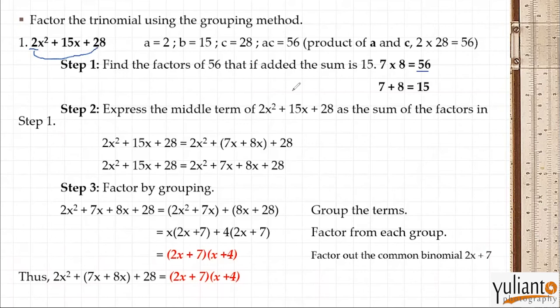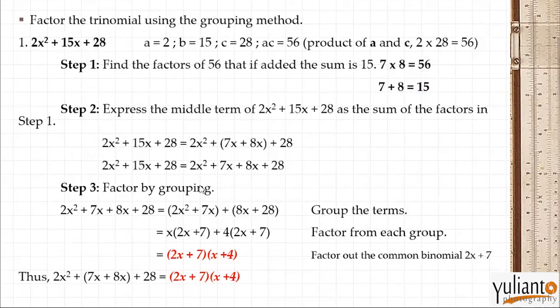Okay, all good. And then after getting the 56, we find two numbers that if we multiply, the answer is 56. If we add, the answer is 15, which is our B. Okay, all good? All right. Thank you. Okay, so I think you don't have any more questions.